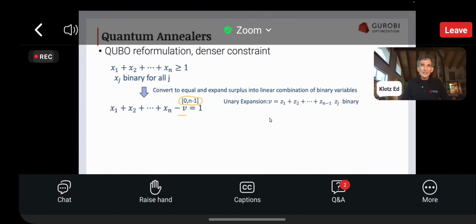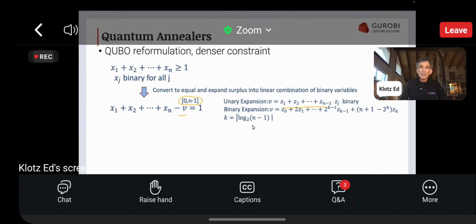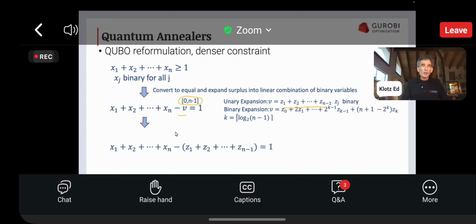But we can address that either by expressing this variable as the sum of n minus 1 binary variables, a so-called unary expansion, or doing a binary expansion based on logs instead, where we reduce the number of variables to 1 plus log 2 of n minus 1. So now we're good to go.